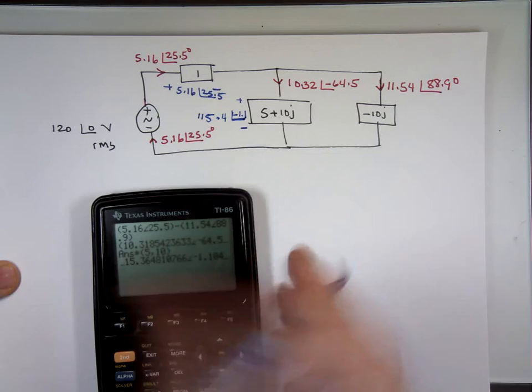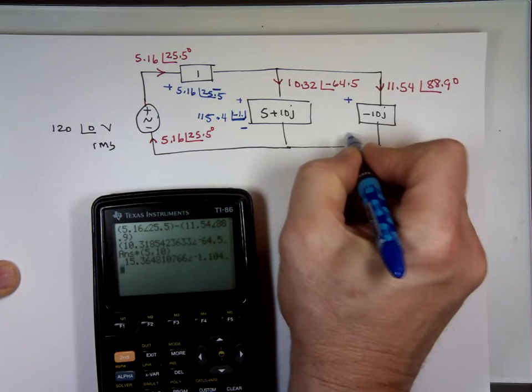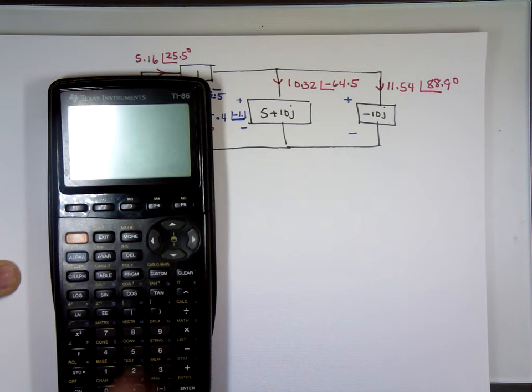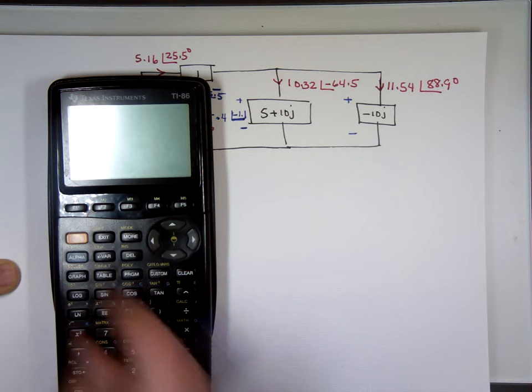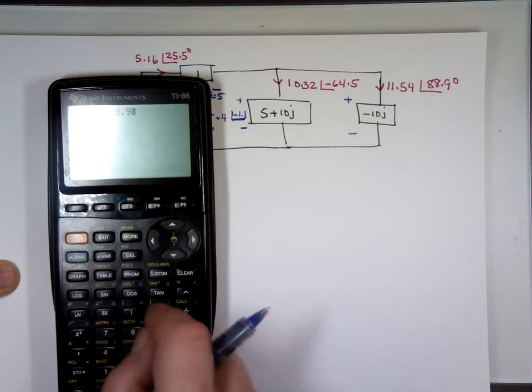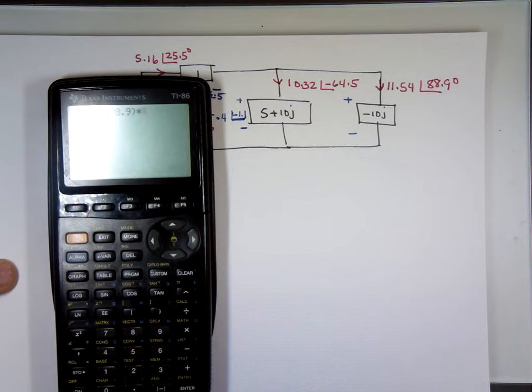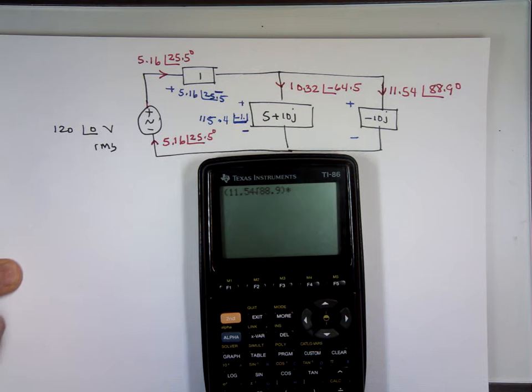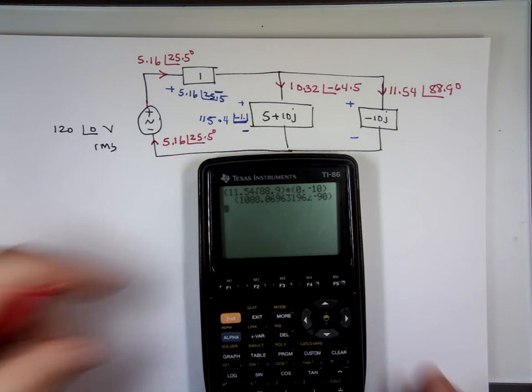I can tell you what the voltage is right here. This times this: 11.54 angle 88.9 times negative 10J, right? 0 comma negative 10. And that answer is, oh, wowza.